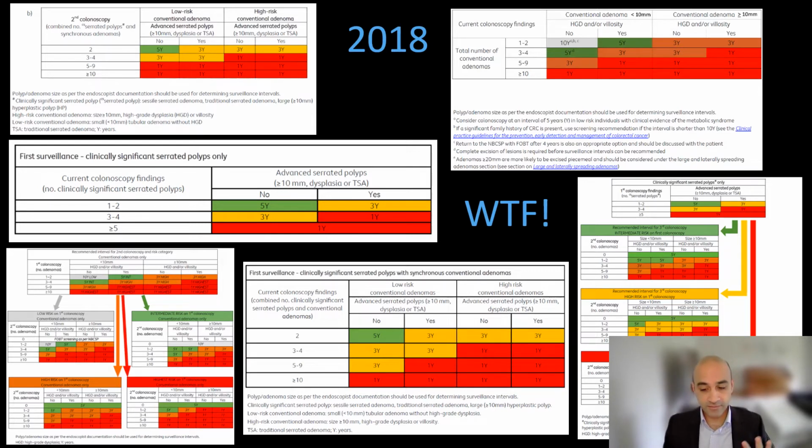There's a separate flowchart algorithm for typical tubular adenomas, and a completely different one for serrated adenomas, which is a less common polyp type. And then it had 2 layers, so your next surveillance colonoscopy interval depended not only on your current findings, but also on the previous colonoscopy findings. As a result, the number of different possibilities multiplied pretty dramatically.